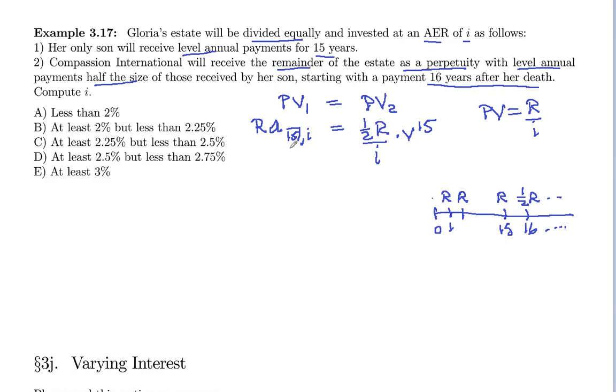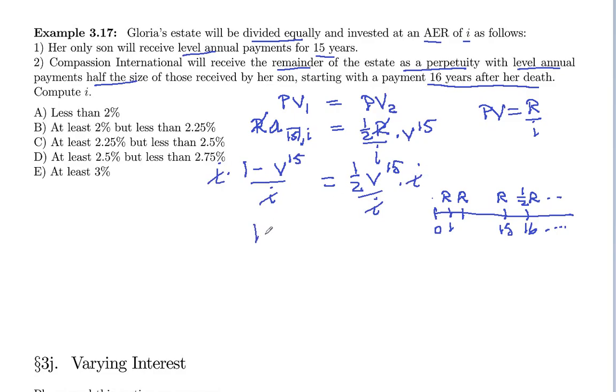So now we can substitute in the formula for a angle 15. First of all, the R's will cancel off both sides, right? So then a angle 15 is 1 minus v to the 15 over i, and that's going to equal 1/2 v to the 15 over i. Okay, then we can multiply both sides by i, so these cancel.